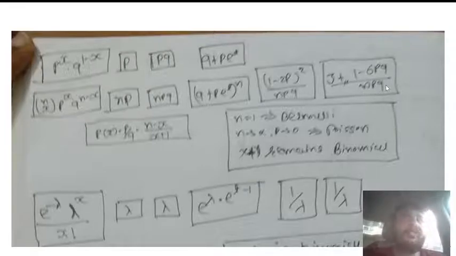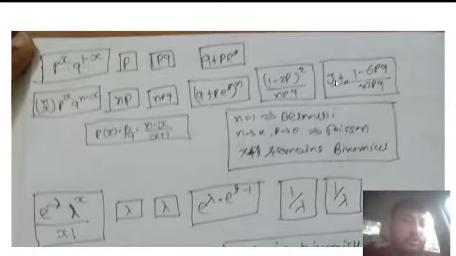But in case of beta 2, just add 3 to this term and you will get beta 2. So beta 2 is equal to 3 plus (1 minus 6pq) upon npq. The 3 is not in the numerator; I was just forgetting that in English it is called numerator and denominator. I mistakenly wrote that line.